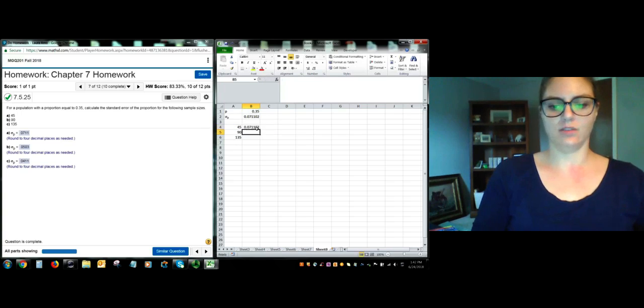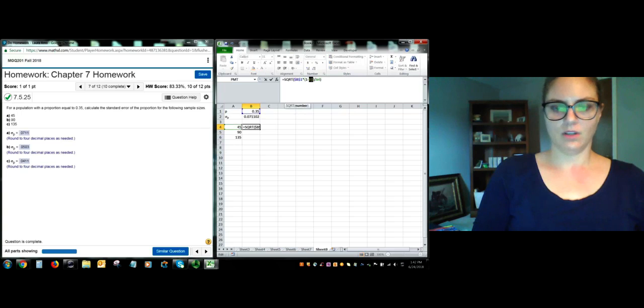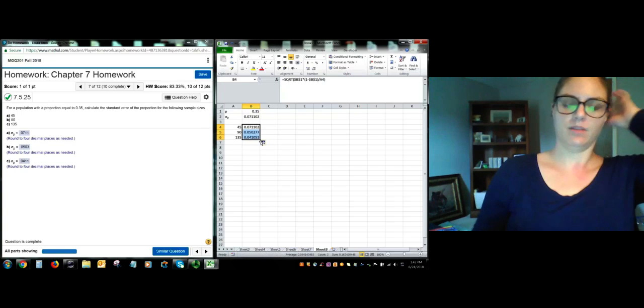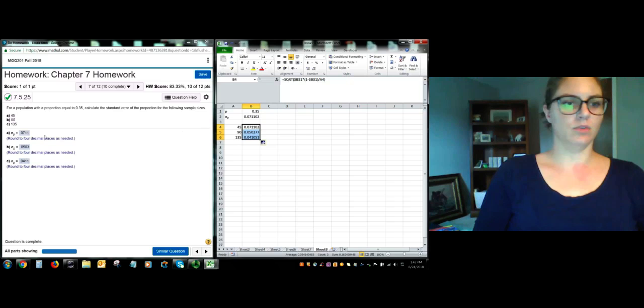Because if I drag this down, I can do it in either the formula bar or right there in the cell. When I drag this down, I want the B1 to stay the same, okay? So we see this 0.0711 here, 0.0503, and 0.0411.